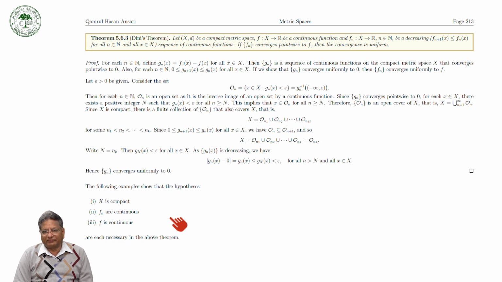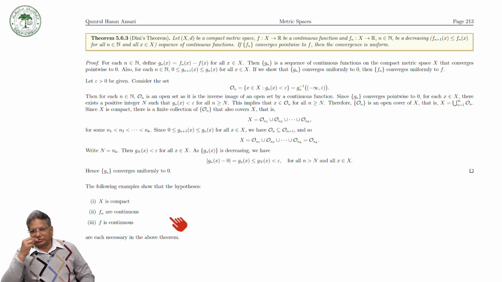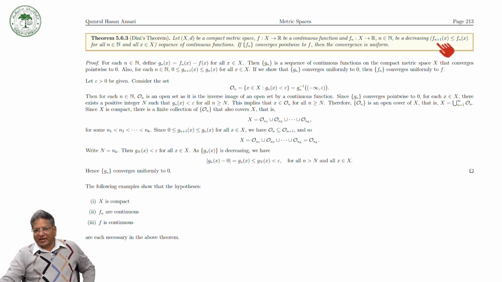That is to say, F_n is a decreasing sequence of continuous functions. Decreasing means that F_{n+1}(x) is less than or equal to F_n(x) for all n and all x in X.